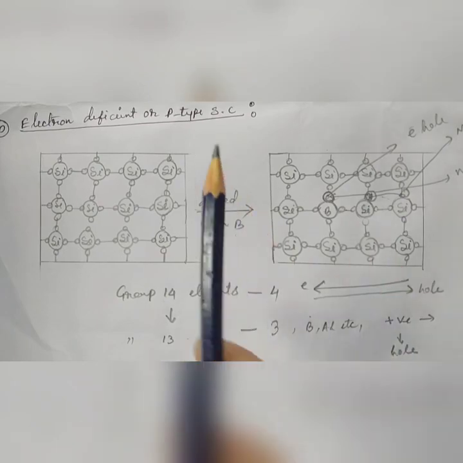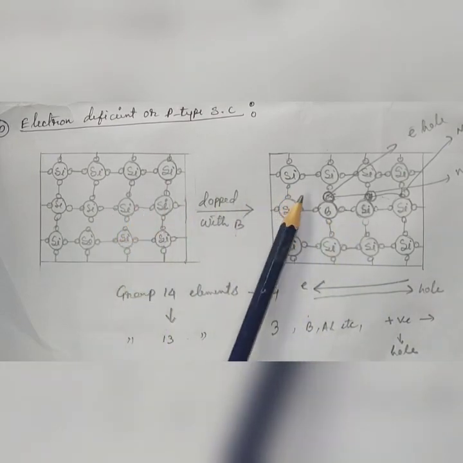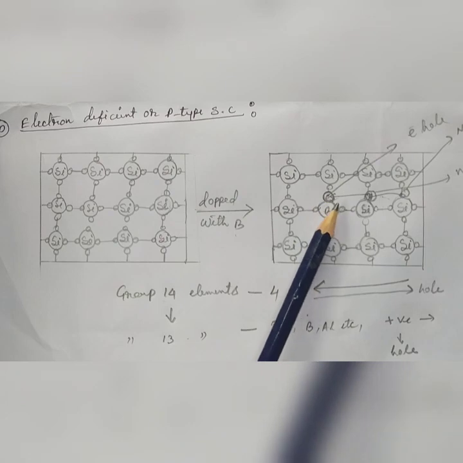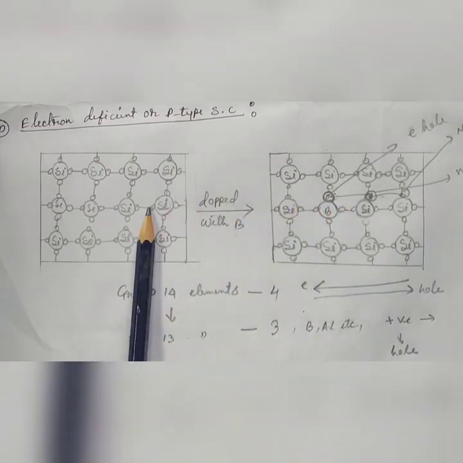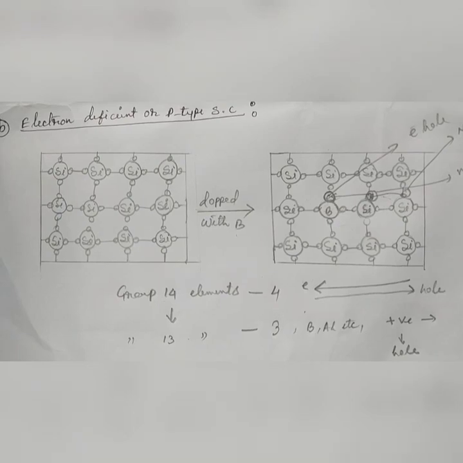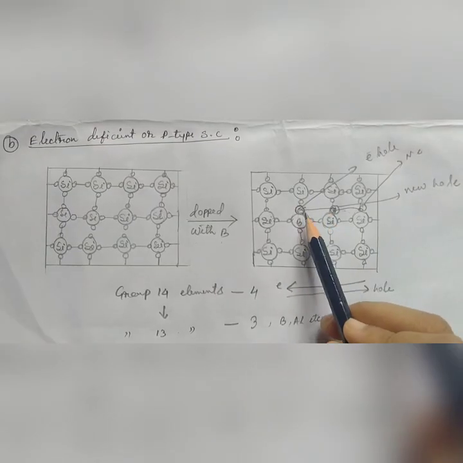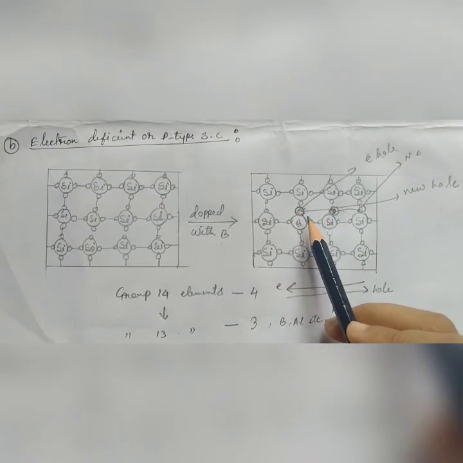Here the number of electrons will decrease because boron has only 3 valence electrons, but silicon has 4 valence electrons. So one electron is less in this crystal as compared to the pure crystal. Therefore this is electron deficient, and this is called a p-type semiconductor. P is for positive charge. Because of this hole the electrons can move.